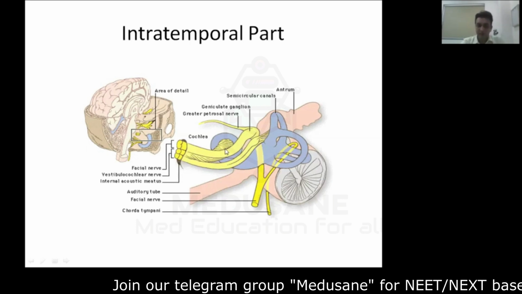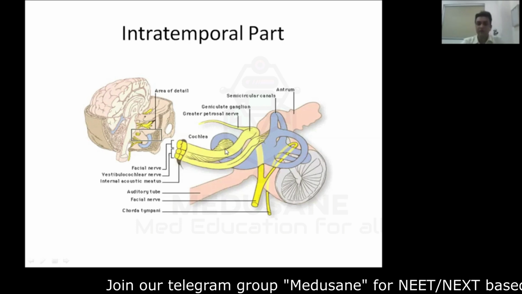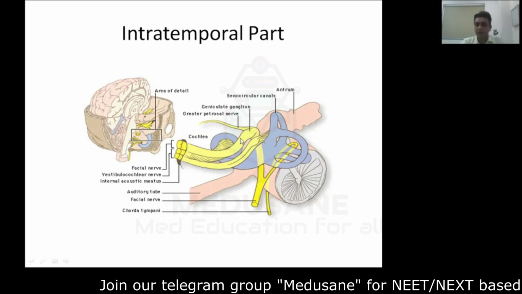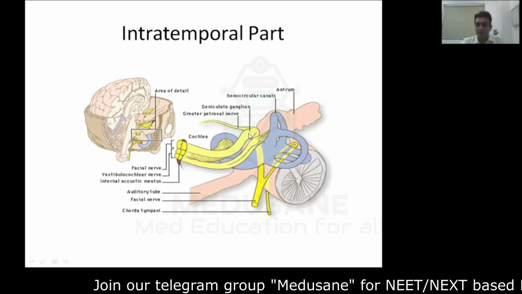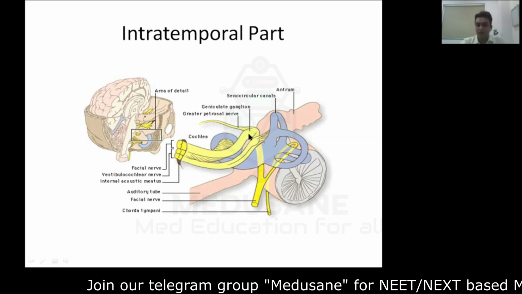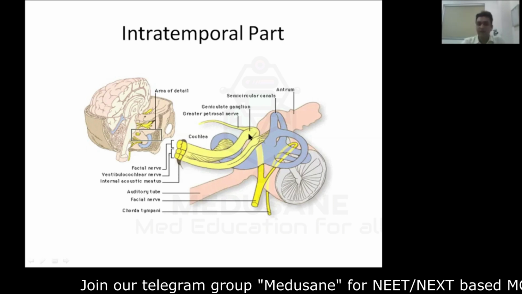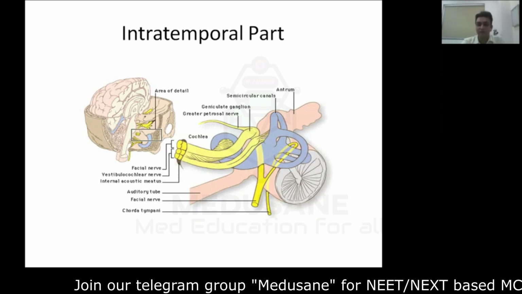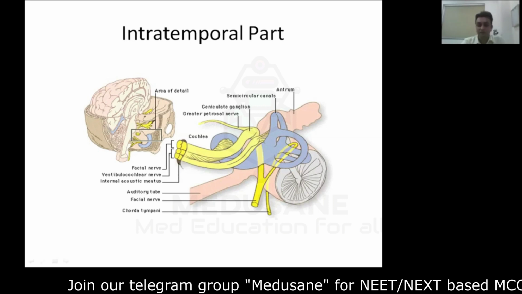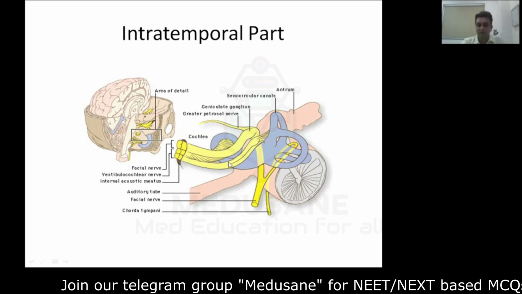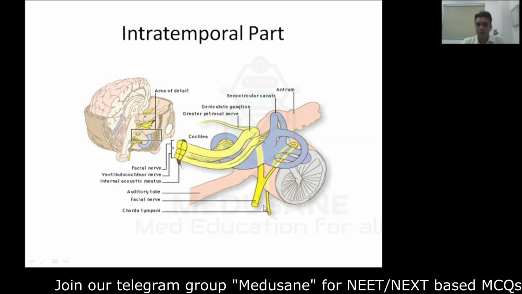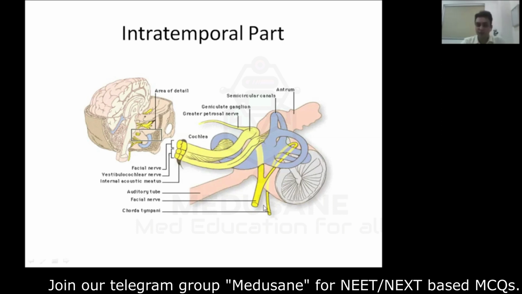So at the lateral end of the internal acoustic canal, the facial nerve becomes the labyrinthine nerve. The labyrinthine nerve then goes ahead. As we can see, it goes above the labyrinth. This is the labyrinth. The entire vestibulocochlear portion is the labyrinth. That's why the nerve is called the labyrinthine portion of the nerve.